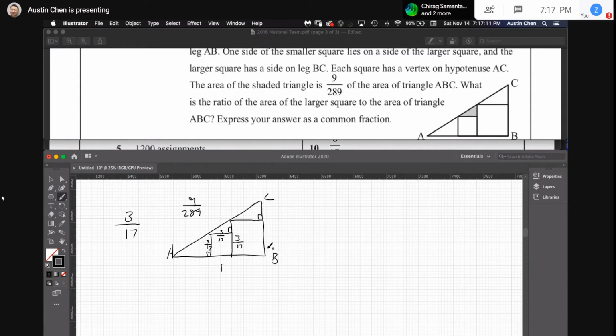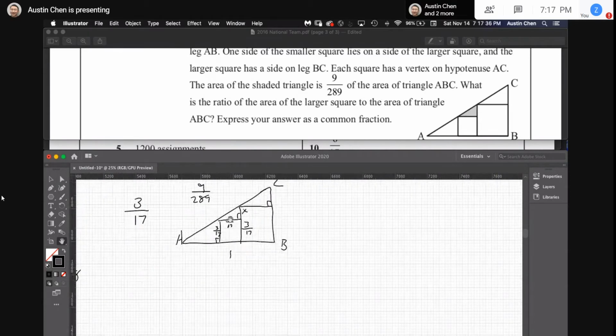Yeah, okay. And then from here, there's not much to apply. Like we have to start using variables. So we can call this side x maybe. That small side x. So yeah, we can do that. Okay. So then we can use our similar triangle properties, right?